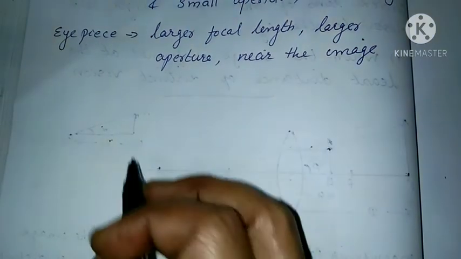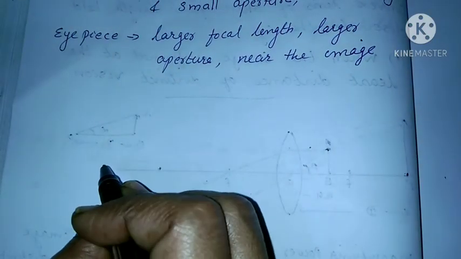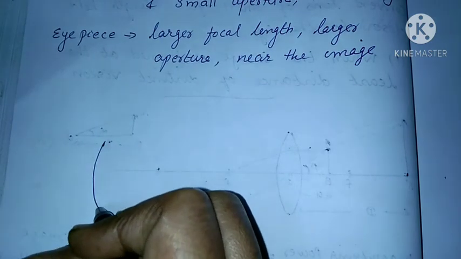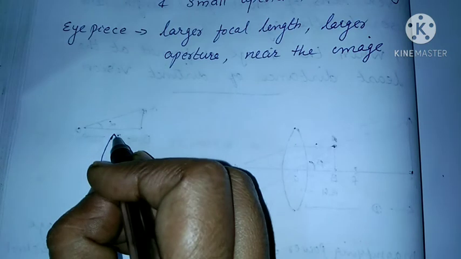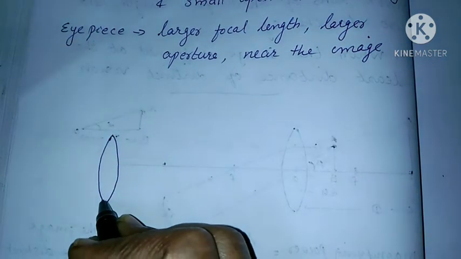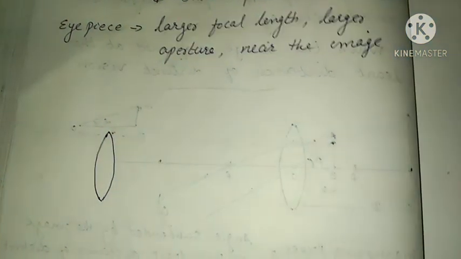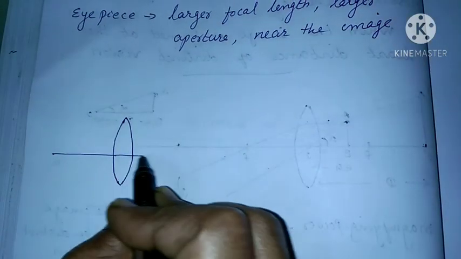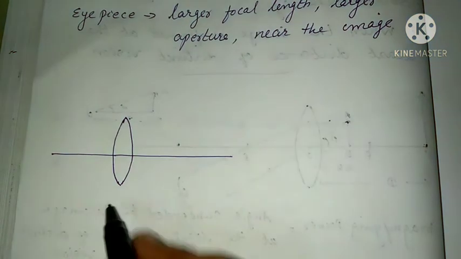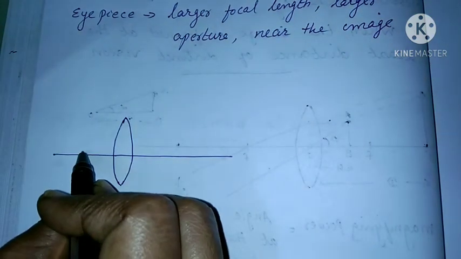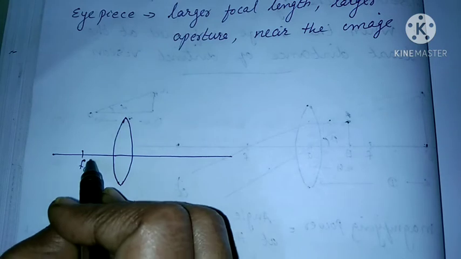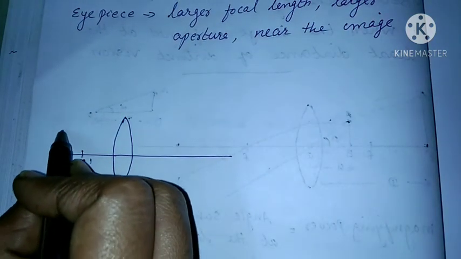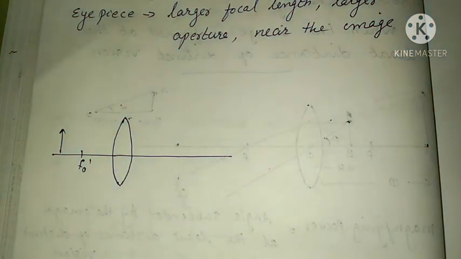First we draw the objective, and it is of very short focal length. Okay, so this is the objective. It has very short focal length and very small aperture. Then you place the object beyond the focus of this objective. Focus of the objective is noted as F0 dash. So you should place the object beyond the focus of the objective.